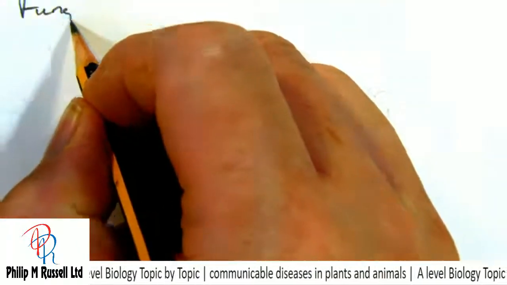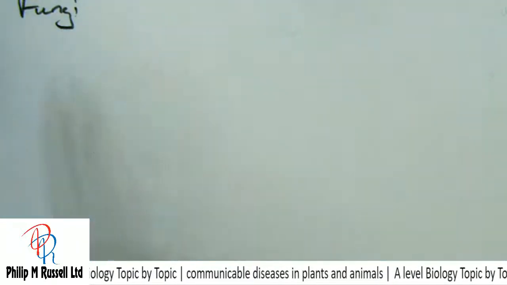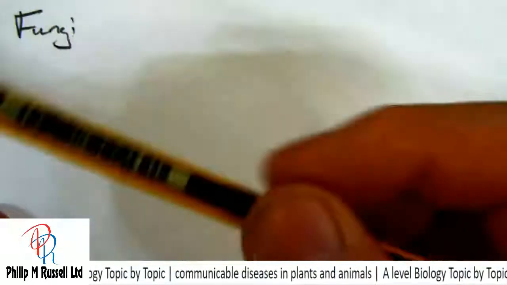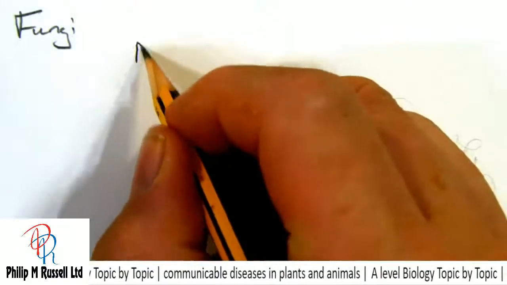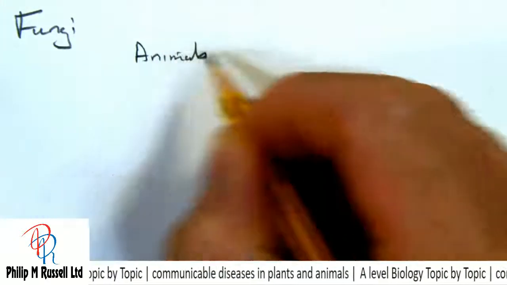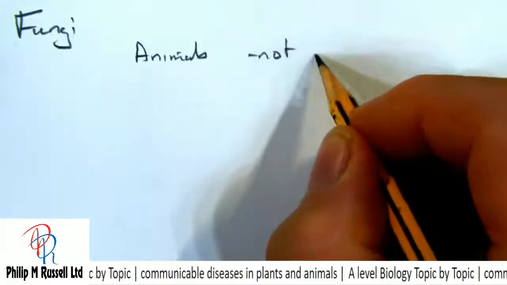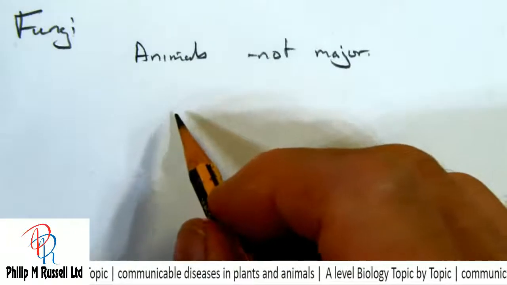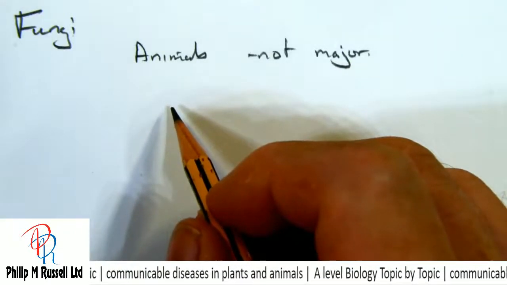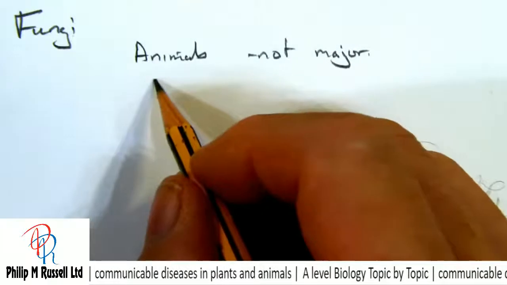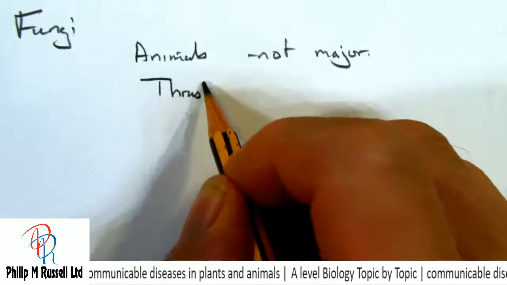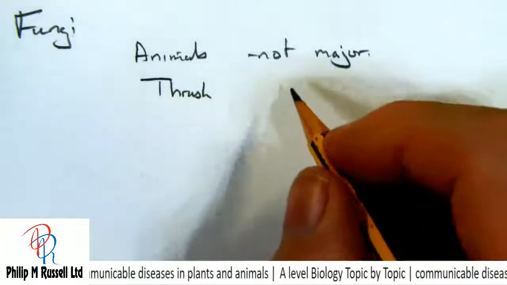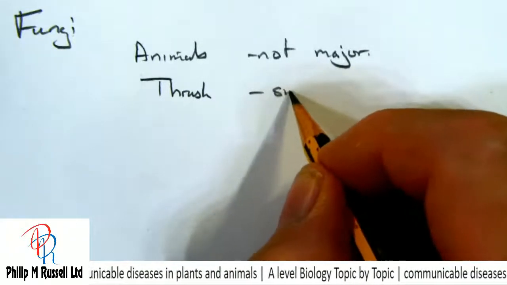The last group are the fungi. Fungal diseases are basically not a major problem in animals. They are irritating, but not necessarily life-threatening. We see a few of these, like thrush, which is simply a single cell invasion.